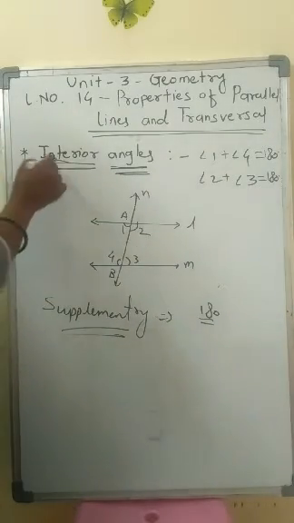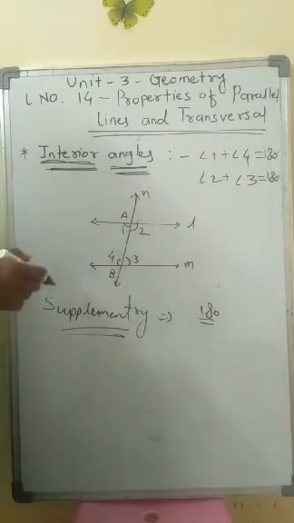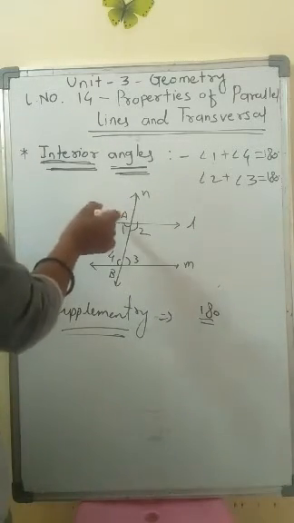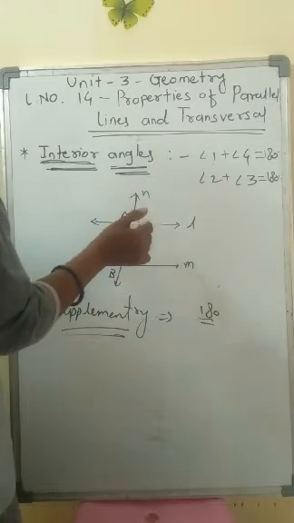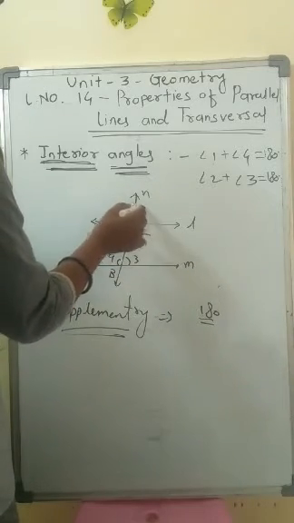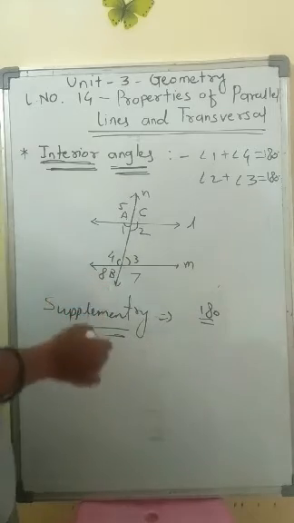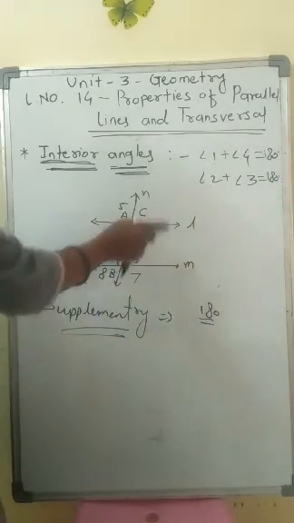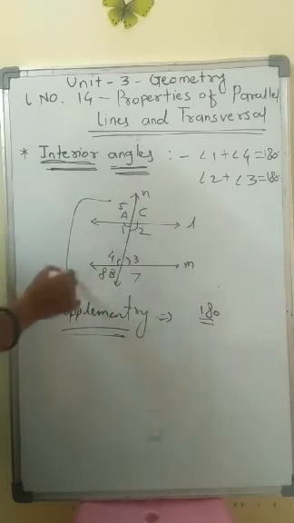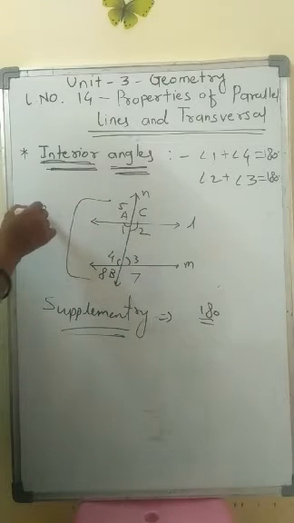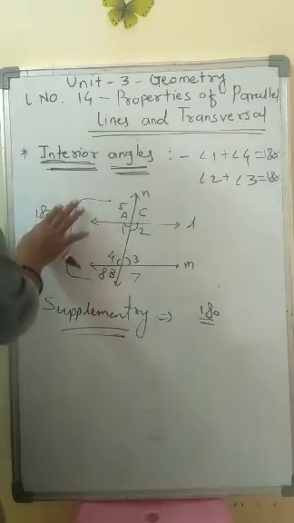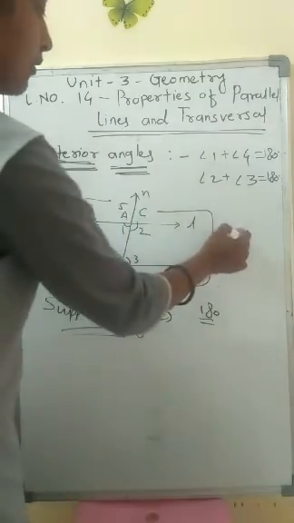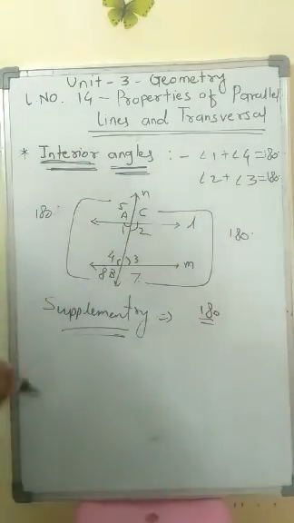For exterior angles, you can also see it. Here the exterior angles are angles 5, 6, 7, 8. So you can take angle 5, angle 8, angle 6 and angle 7. Angle 5 plus angle 8, its sum is 180 degrees, and also for angle 6 plus angle 7, its sum is also 180 degrees.